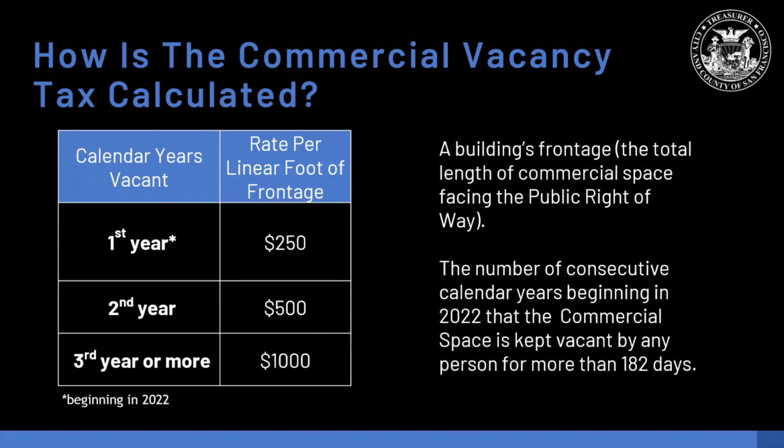If the same space is vacant in calendar year 2023, then the person will pay $500 per linear foot in February 2024. If the same commercial space is vacant for 3 or more years, that person will pay $1,000 per linear foot in February 2025, and so forth.